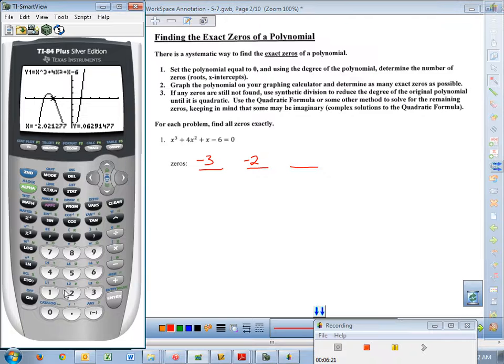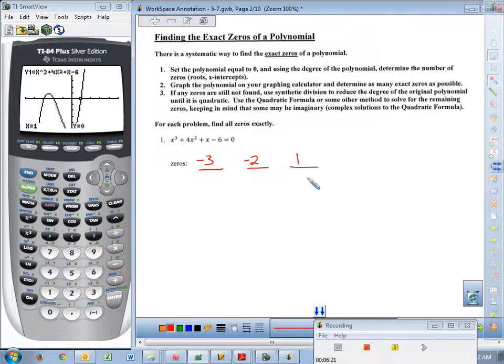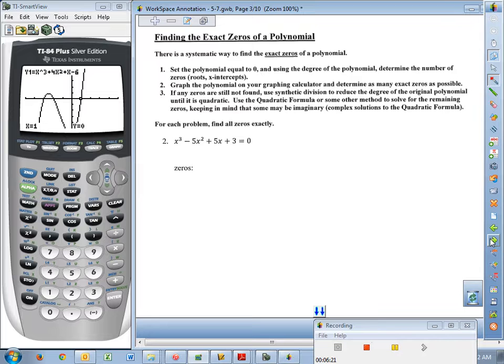Trace 1. That worked also. How awesome. Done. They wanted to know where were all the zeros. It was third degree. There's supposed to be 3 of them. And in this particular one, didn't they all come out beautifully as integers? Sound cool? Let's go to the next problem. Is that polynomial equal to 0? Yes or no?